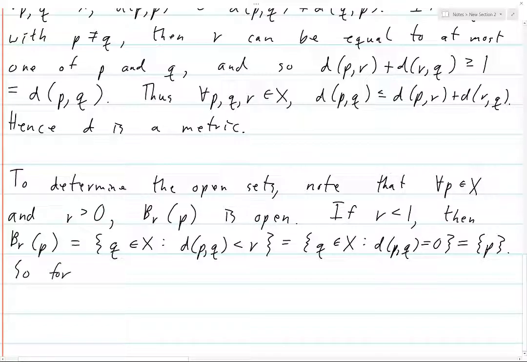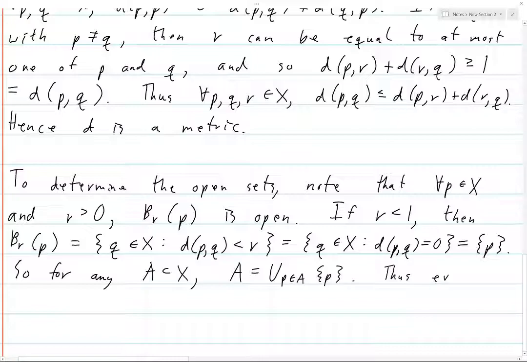So for any subset of X, so A is any subset of X, we have no idea what X looks like, but A can be any subset. A can be written as the union, over all points P in A, of the singleton set containing just the point P. So A can be written in this form.